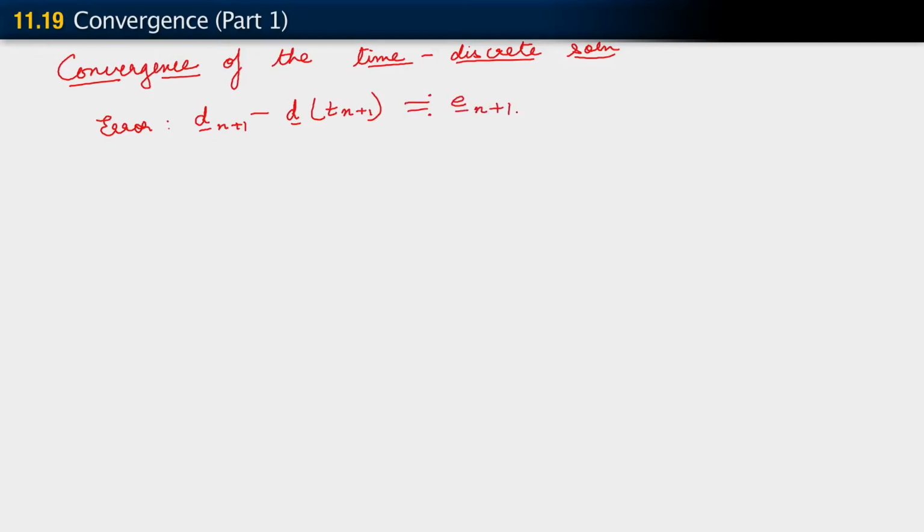Now, E n+1, of course, is just another vector in the same space, just as D n+1 and D at t n+1 are vectors in this R^NDF space. But what that means is that because we have a basis, our orthonormal basis, we can expand E as well in that basis.